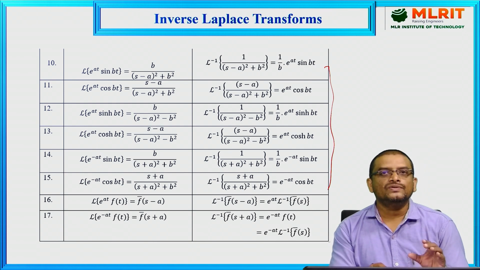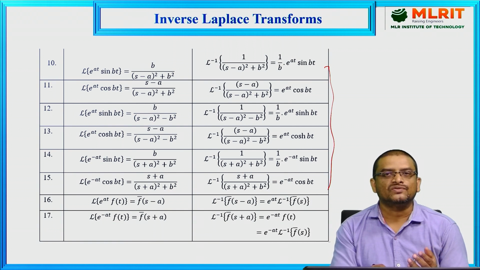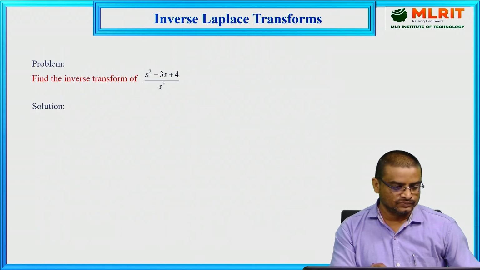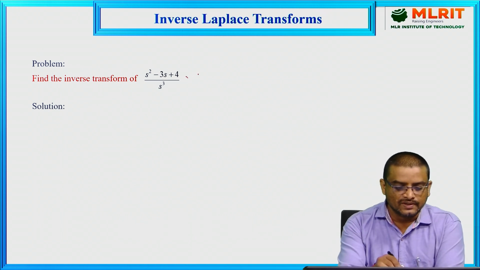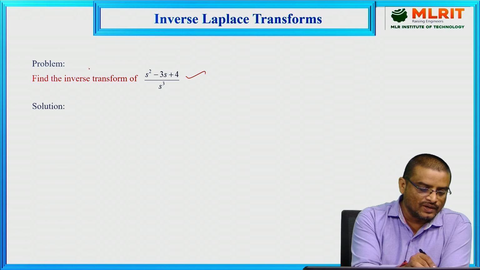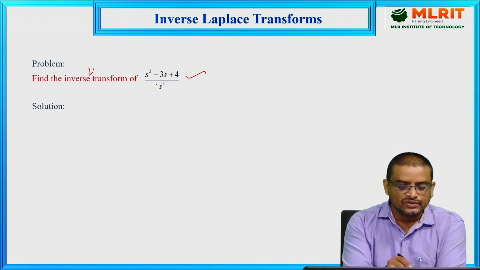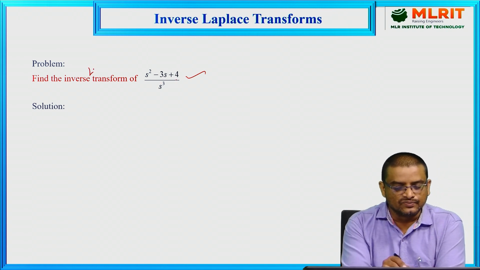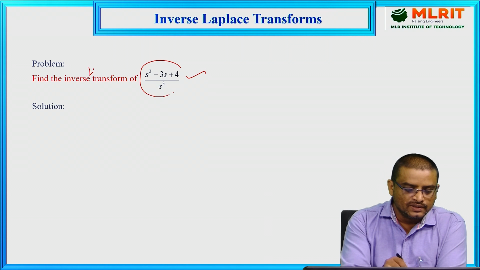Now by using these basic formulas, we will see how to find the inverse Laplace transform for given functions f bar of s. This is the function given: find the inverse Laplace transform of s square minus 3s plus 4 by s cube. For some time, consider this function as f bar of s.